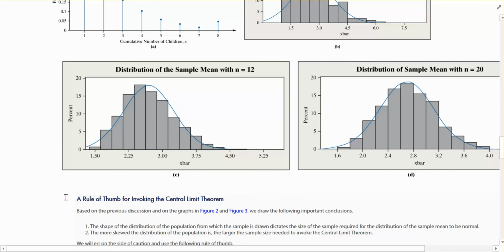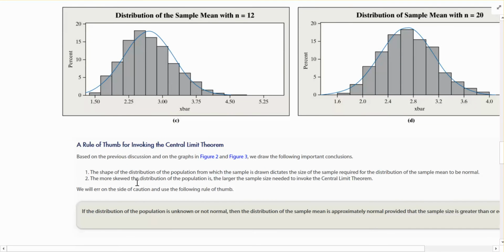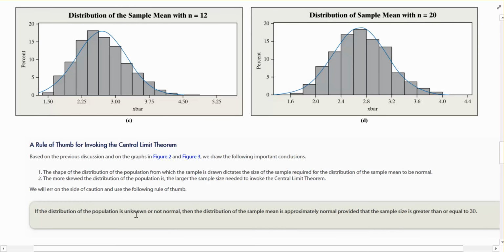The more skewed the distribution of the population, the larger the sample size needed to invoke the central limit theorem. If the distribution of the population is unknown or not normal, then the distribution of the sample mean is approximately normal, provided that the sample size is greater than or equal to 30.